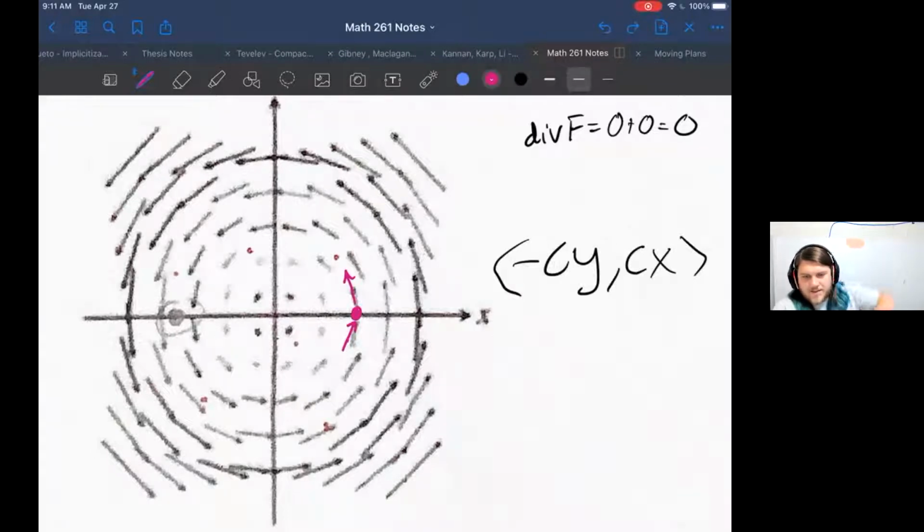What it's saying is everything that moves into that place is equally replaced. It's not flowing faster going away or anything like that. So divergence is 0 at every point in this plane.